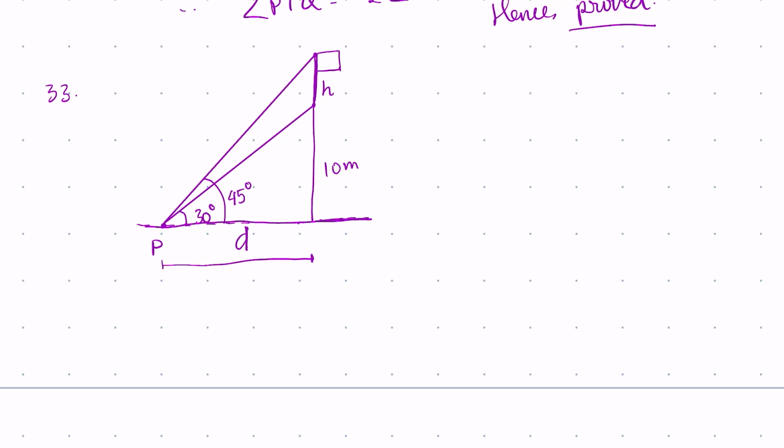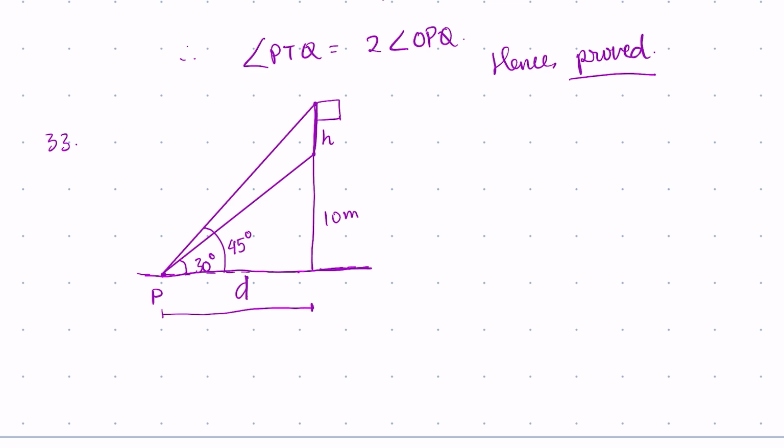Well, how might we approach this problem? Let's try writing some trigonometric equations. Let's say tan 30 degrees is equal to what? That's this angle.